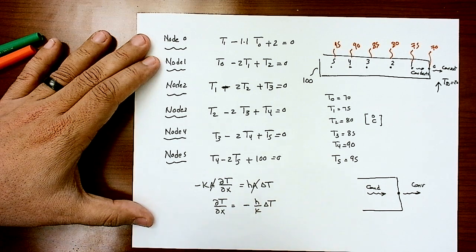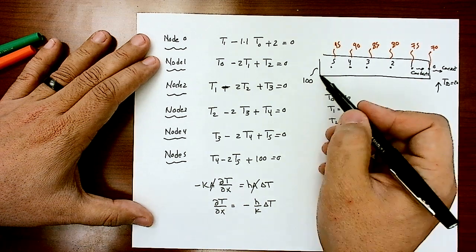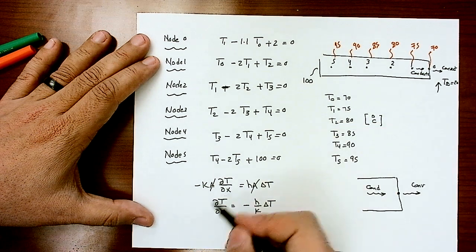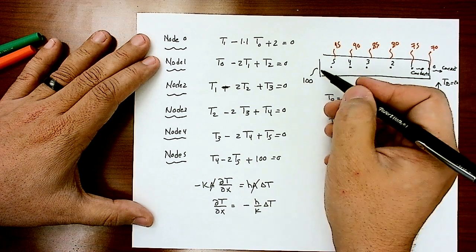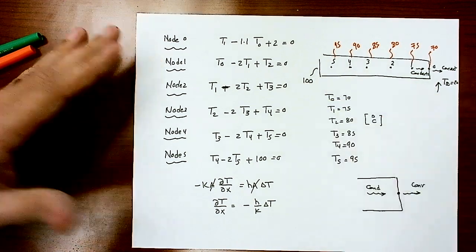It has a value. So this explains that we don't have a Dirichlet boundary condition, right? We have a mixed boundary condition. We have a derivative at one of the boundaries, and we have a fixed value at one boundary. So this is not a Dirichlet boundary condition.